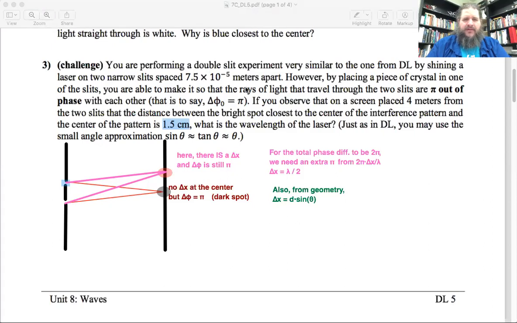And that's ultimately just from geometry, because if you take this distance, which we usually call big D, that is just, in this case, the horizontal distance from the center of the slits to the center of the pattern.